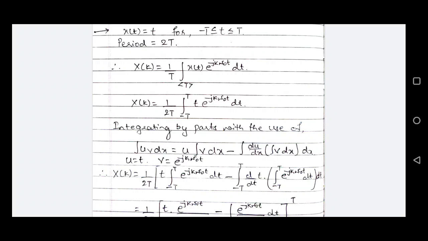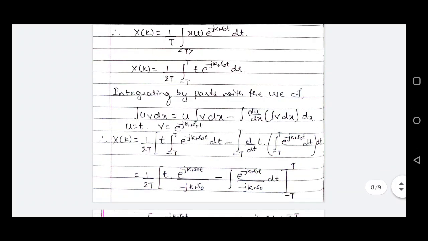Now this is of the form integral of two functions u into v. So integrating by parts, the integration of two functions u and v will be given as u times integral of v minus integral of the first derivative of the function u multiplied by the integral of v.